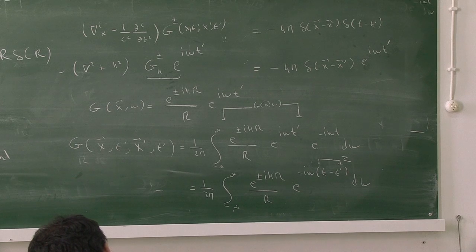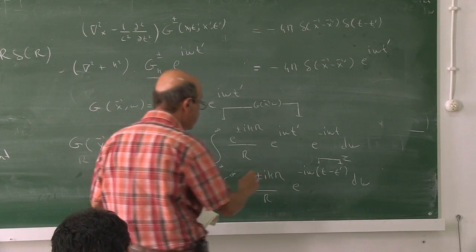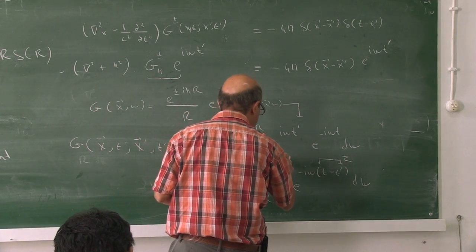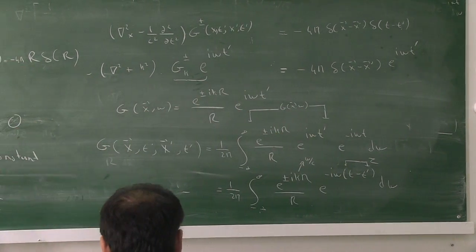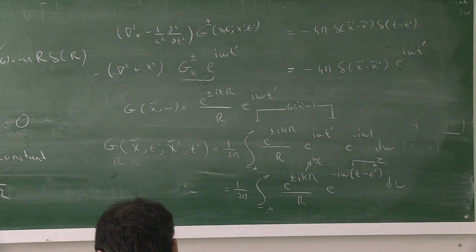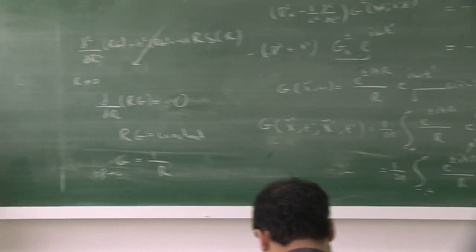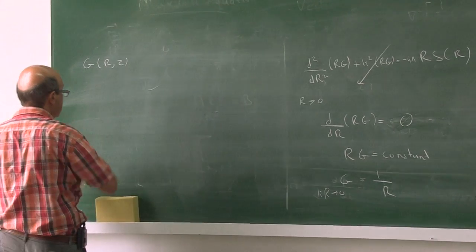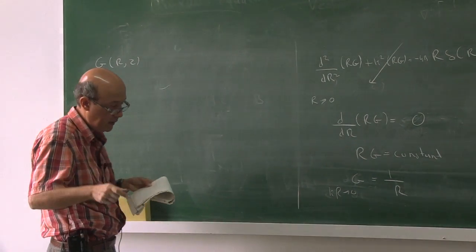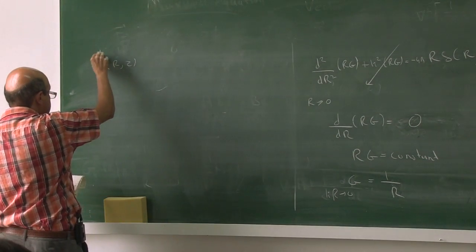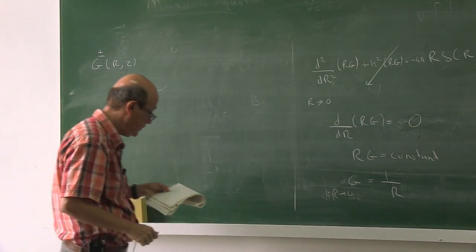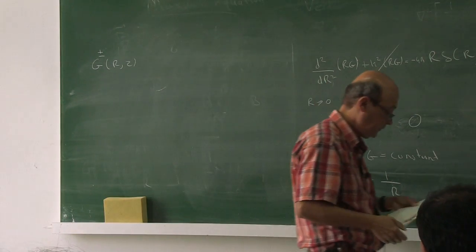And what is k? k is equal to omega over c for a non-dispersive medium. And the Green's function G(r, tau), r is x minus x prime, tau is t minus t prime. Plus minus has different implications I will discuss in a moment.